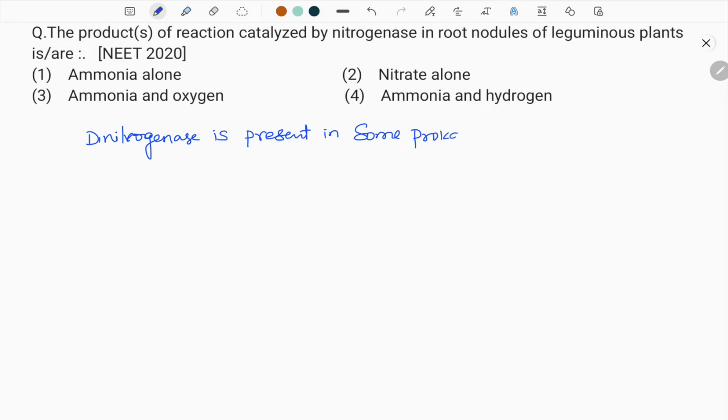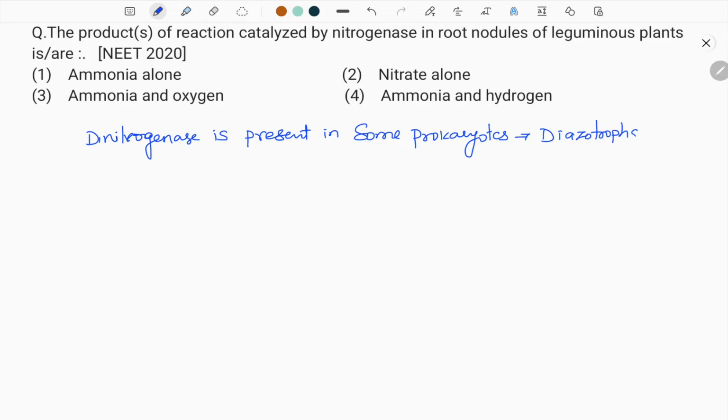Like we have a big list: Rhizobium, Bacillus, Clostridium, Azotobacter, Rhodospirillum, Anabaena, Nostoc, many more. So they are called diazotrophs.